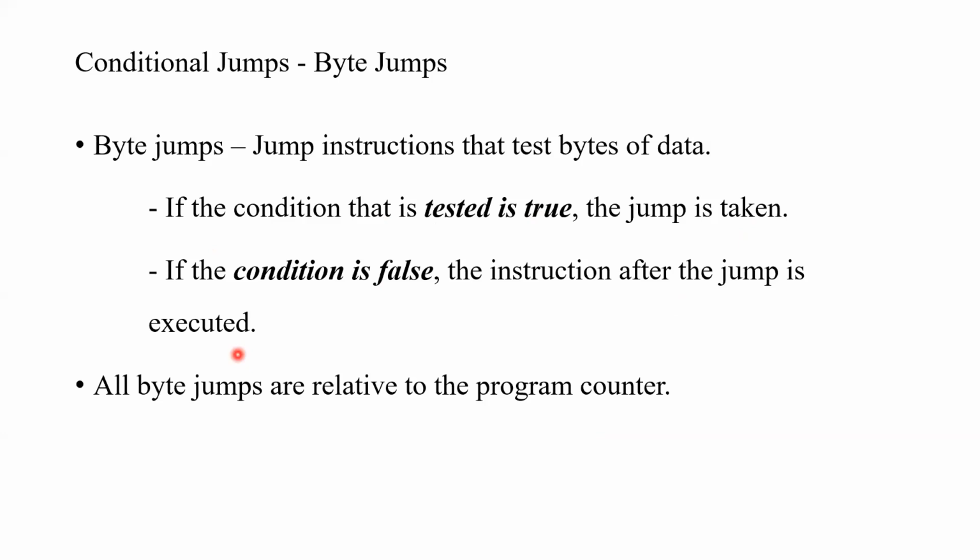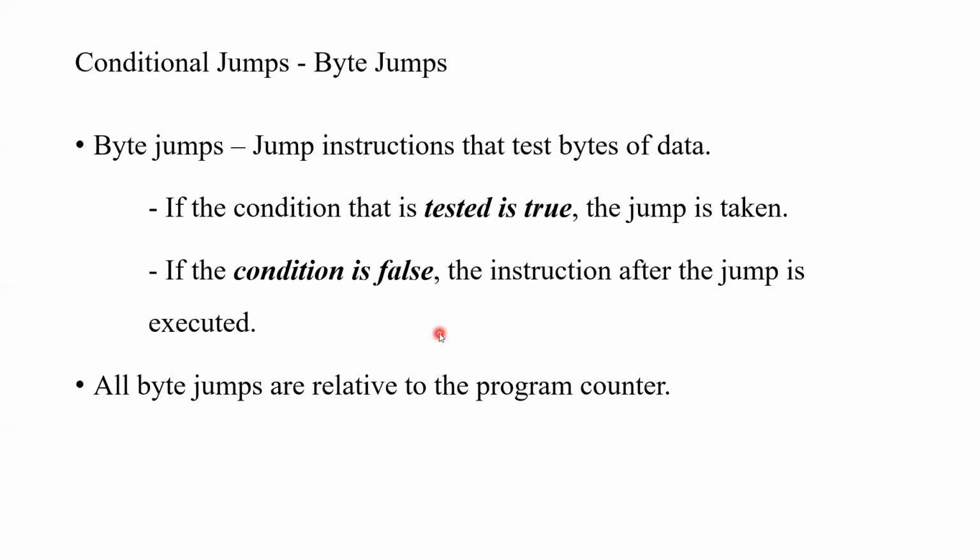If the condition is true, you perform the jump, and to whatever address you specify in front of the jump, the program counter, or the execution, will go to that new address to perform the next execution. And if the condition is false, it will go to the execution of the next instruction.